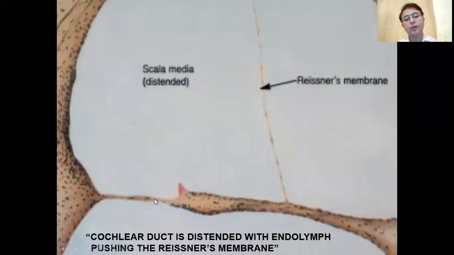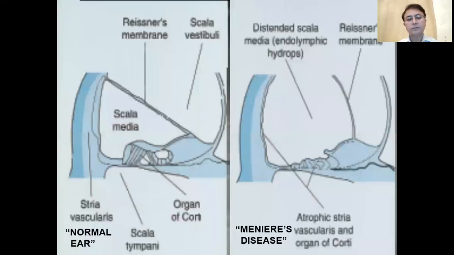Everything over here on the basilar membrane is atrophied, is a pressure defect. And when scala media is distended, there's rupture of Reissner's membrane, tears in the Reissner membrane. That leads to certainly episodes of vertigo and hearing loss. That's very common in Meniere's disease.